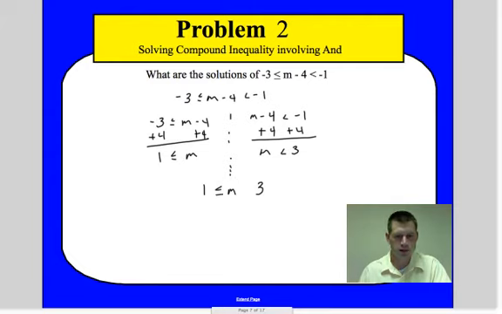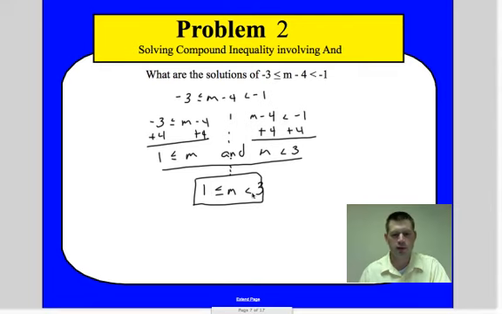I said 1 is less than m, m is less than 3. So all I did was bring this together with my m in the middle. There's my inequality, all together. Or up here as an AND statement, we could actually write it like this, but in one inequality it would look like that.